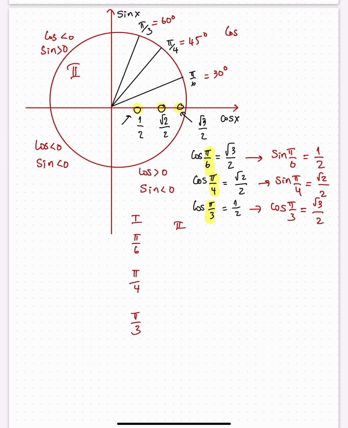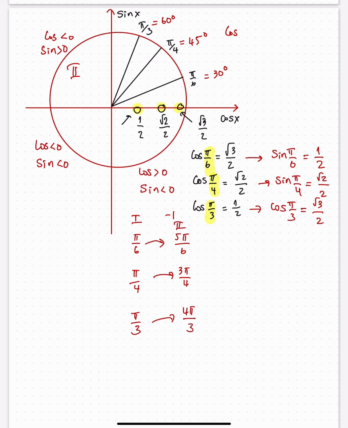For the second, this pi over 6 becomes 5 pi over 6. So we can know the angles of the second quadrant by using the angles from the first quadrant. You pick 6, subtract 1, and then it equals 5. So it's like minus 1. So this will be 3 pi over 4 and 2 pi over 3.